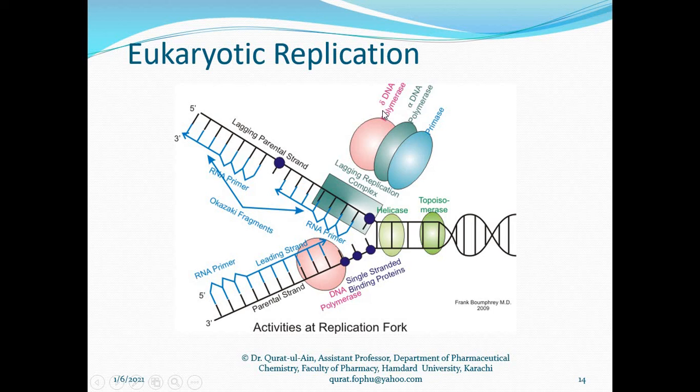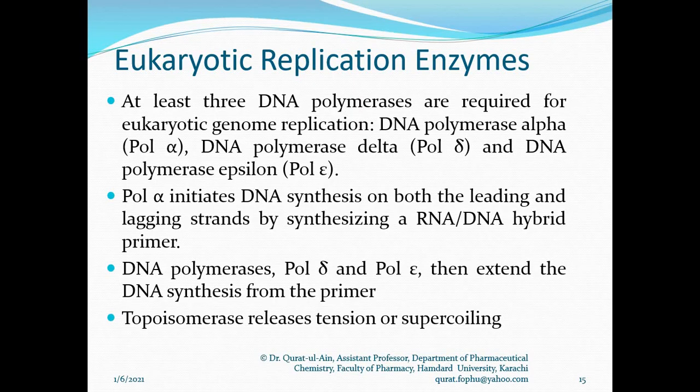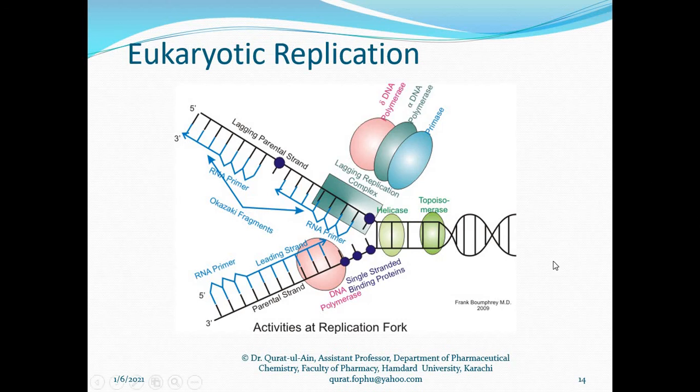And then the remaining gaps would be sealed by the ligase enzyme. So this was the whole process of how DNA replication takes place in eukaryotes.